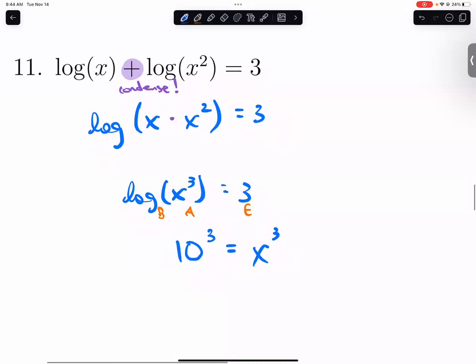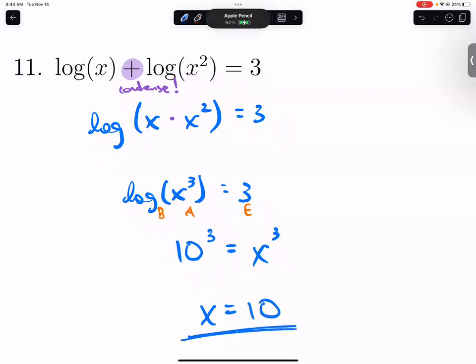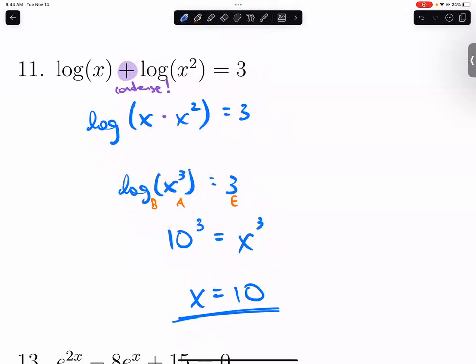If 10 cubed and x cubed are the same, x would have to be 10 then, right? Yeah.